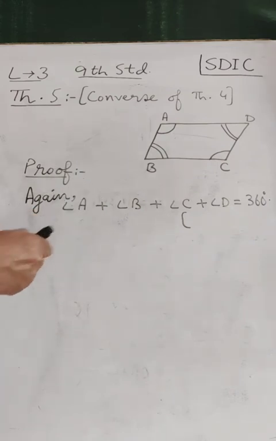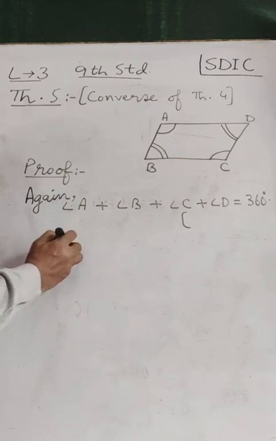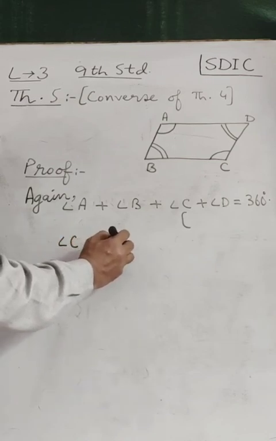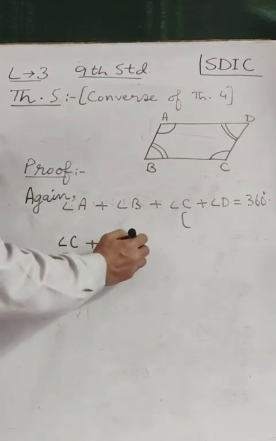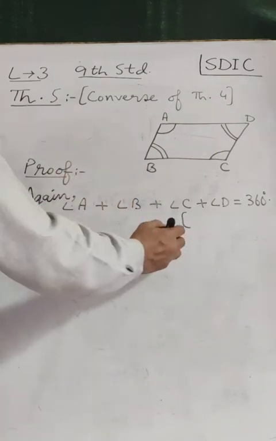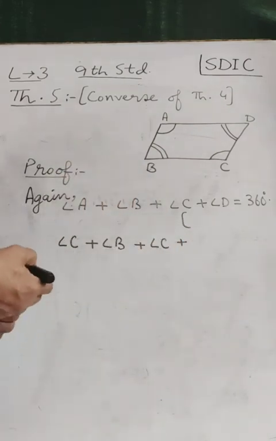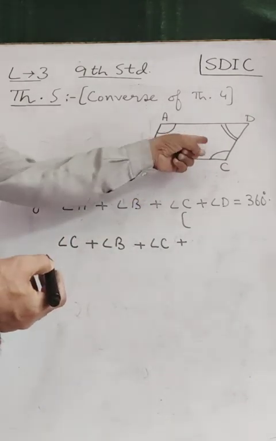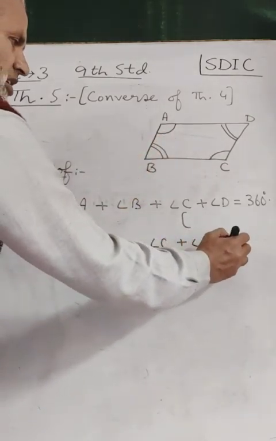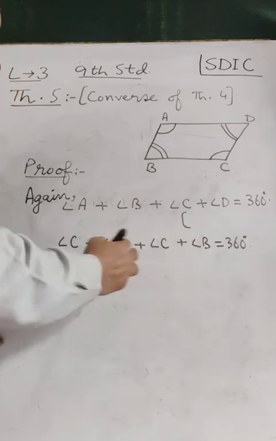Let us eliminate A. We'll write for angle A, angle C because angle A is equal to angle C. B we will not eliminate, so we'll write B as it is. Plus C also will be kept as it is. We'll eliminate this time angle D. We know angle D is equal to angle B, so for angle D we'll write angle B, is equal to 360. So the procedure is same.